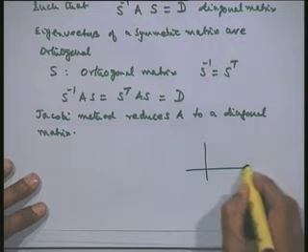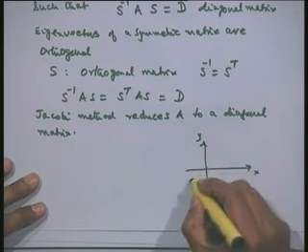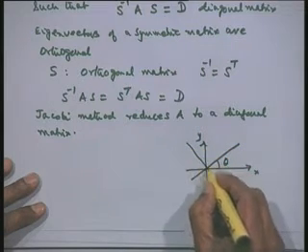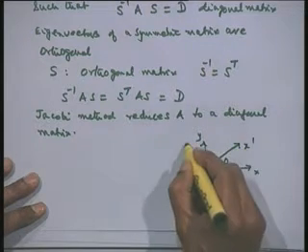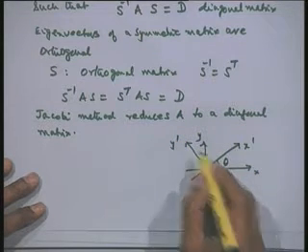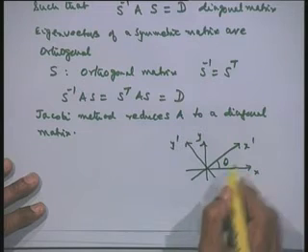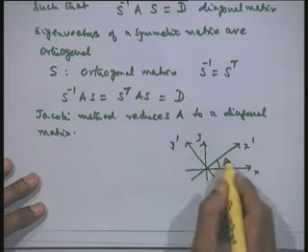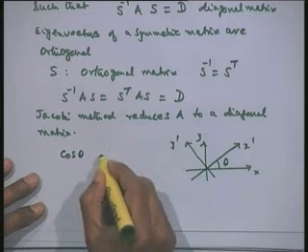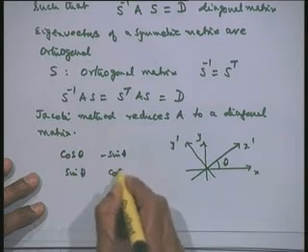Take a 2-dimensional coordinate system x y, then rotate it by an angle theta. If the original system is x y and the new system is x prime y prime, with angle of rotation theta, then the matrix of transformation is given by cos theta, minus sin theta, sin theta, cos theta.